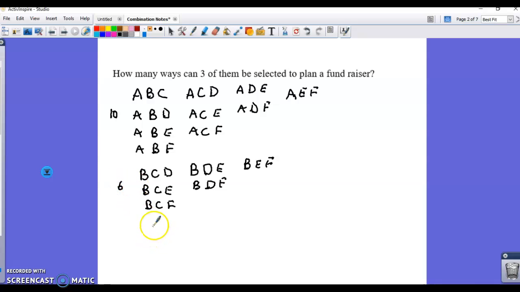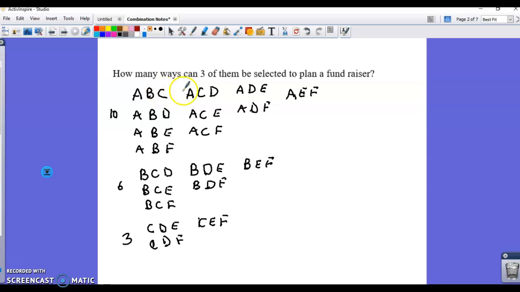And when we get down to C, Carl, C, D, E, C, D, F, and then C, E, F. We ran out, and now we only have 3. So we've already had Carl. Oh, scratch that. Hold up.